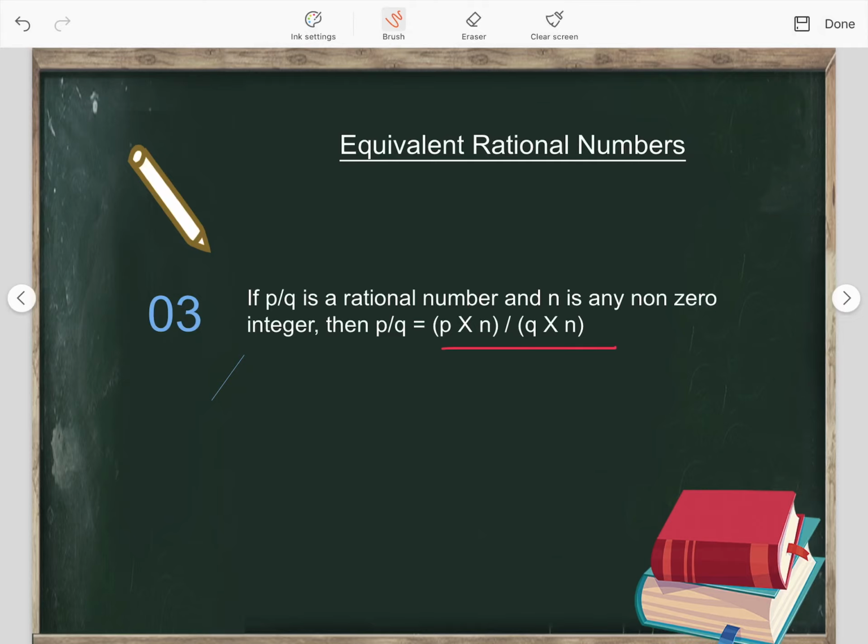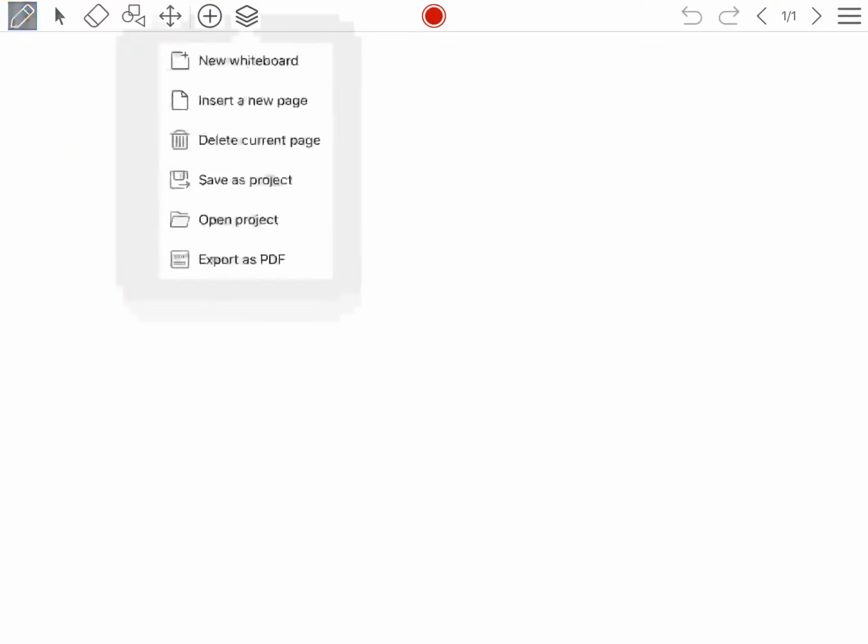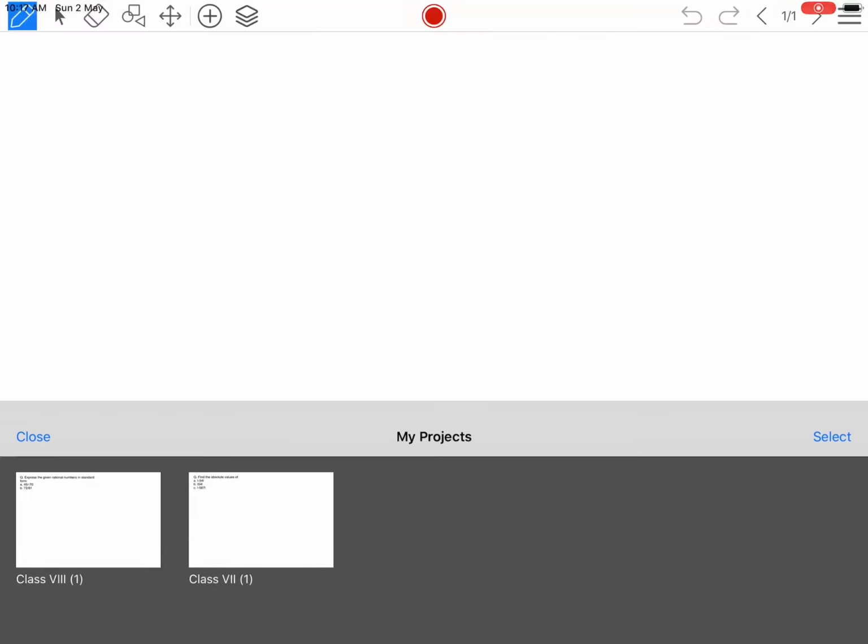N means any number, it might be any non-zero integer, either positive or negative. If we take a positive number, then we multiply both numerator and denominator by the same number. Let us take some questions to discuss. You'll note down these questions.